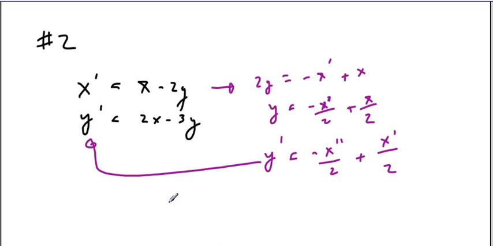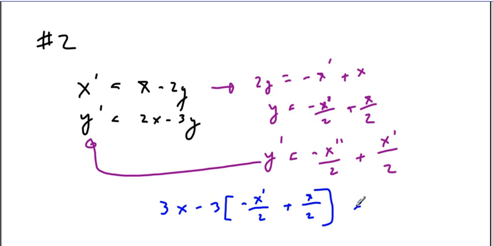So we could write that 3x minus 3 times y, which is minus x prime over 2 plus x over 2, is equal to minus x double prime over 2 plus x prime over 2.